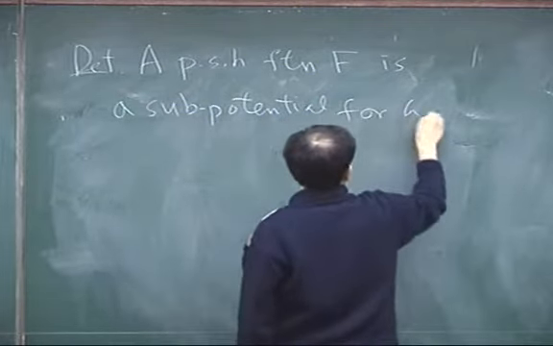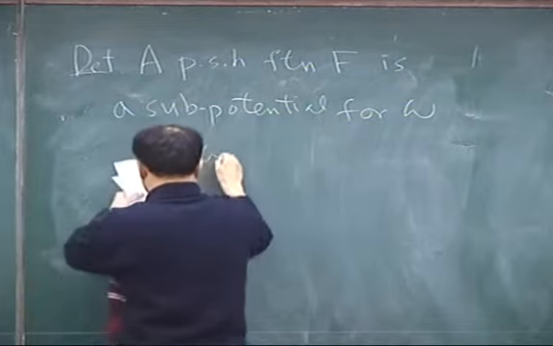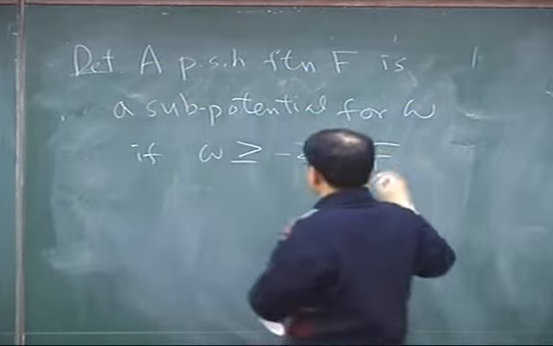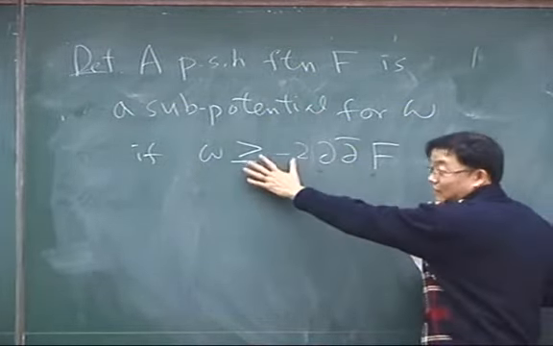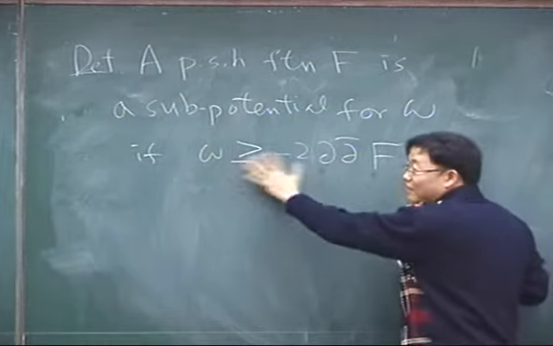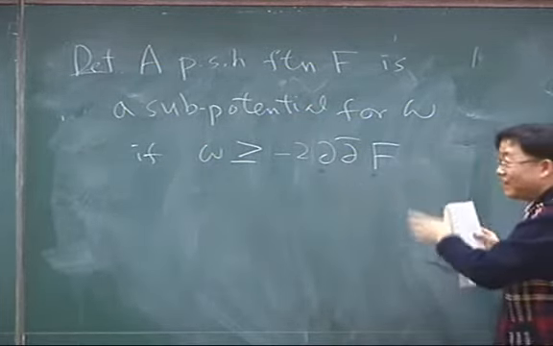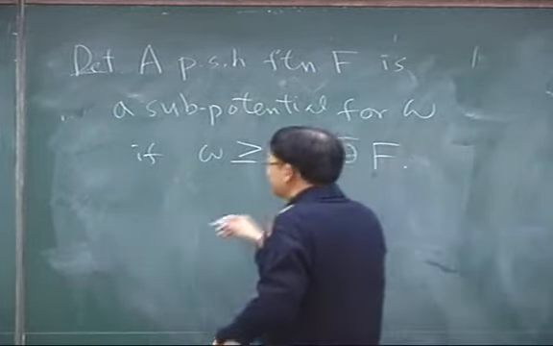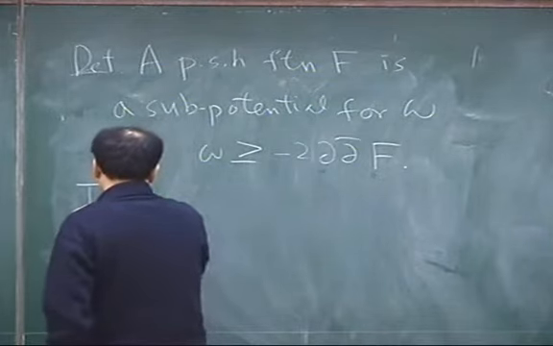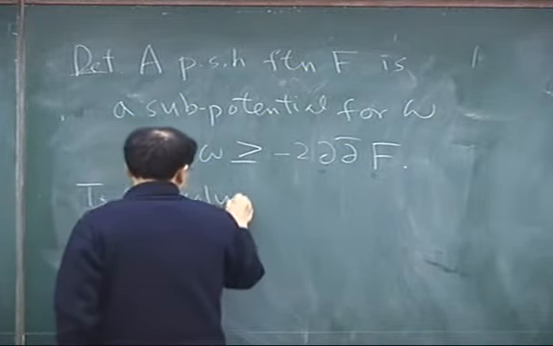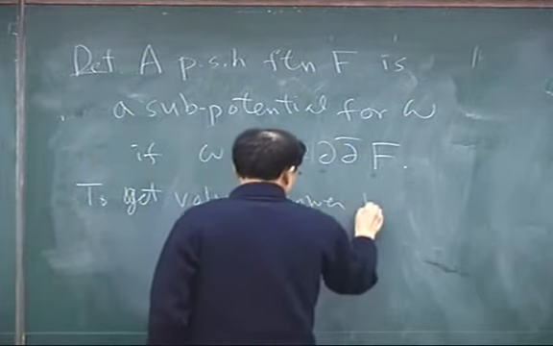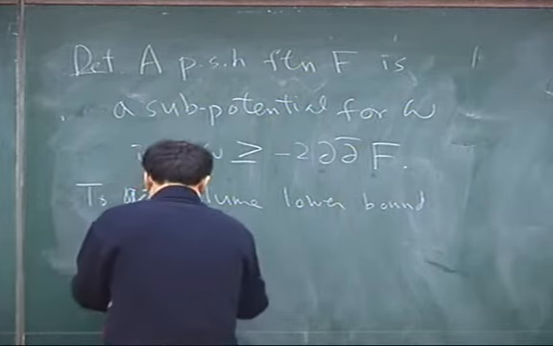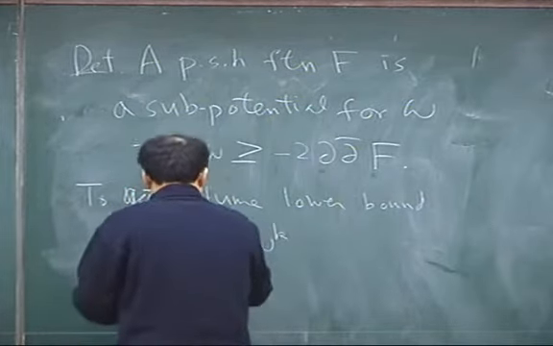for scalar from omega, if this guy is less than this, it's not really an equality, but it's an inequality. There is subpotential. And the thing is that to prove volume, to get a volume lower bound, say, it's like you're calculating a k-dimensional variety.